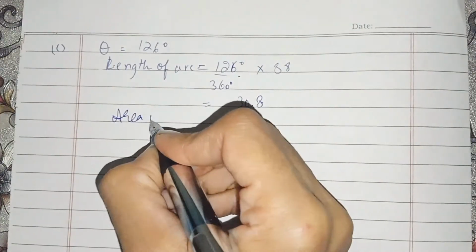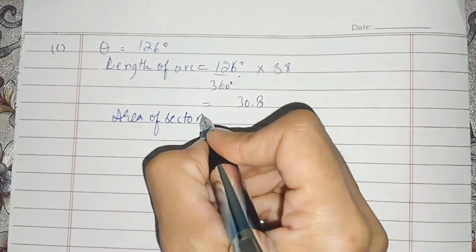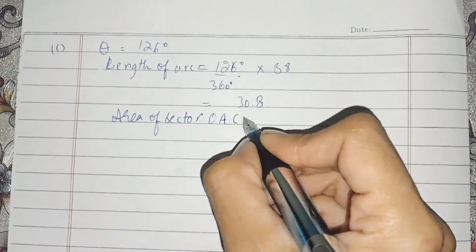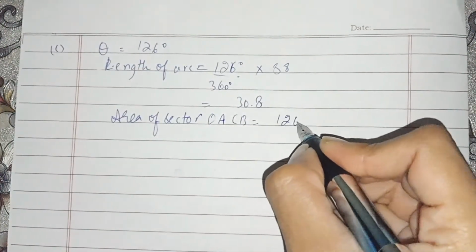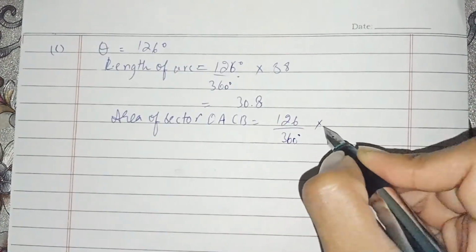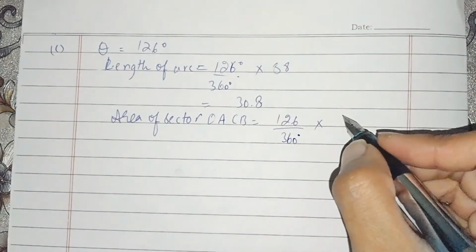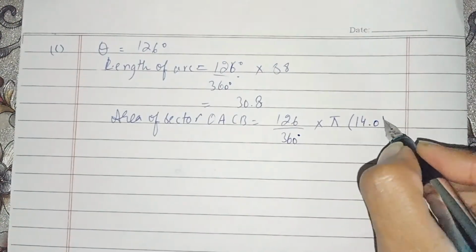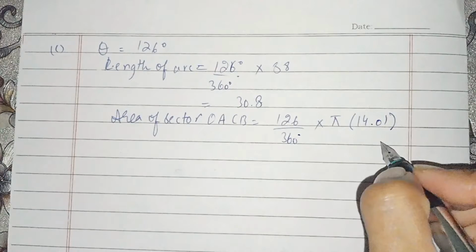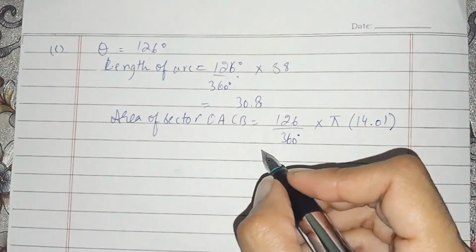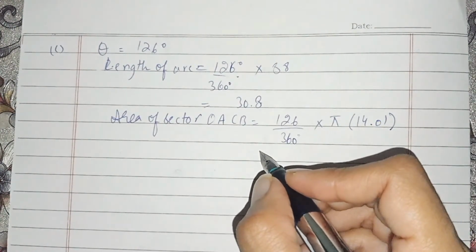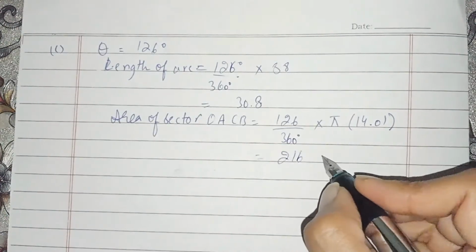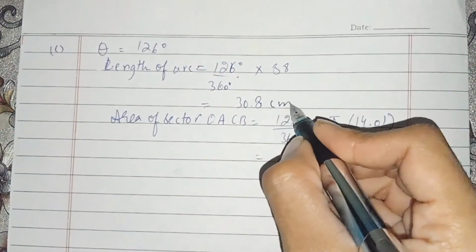Now students, area of sector OACB is 126 over 360 degree, pi r square, where r is 14.01, and by solving it we get 216 centimeter squares.